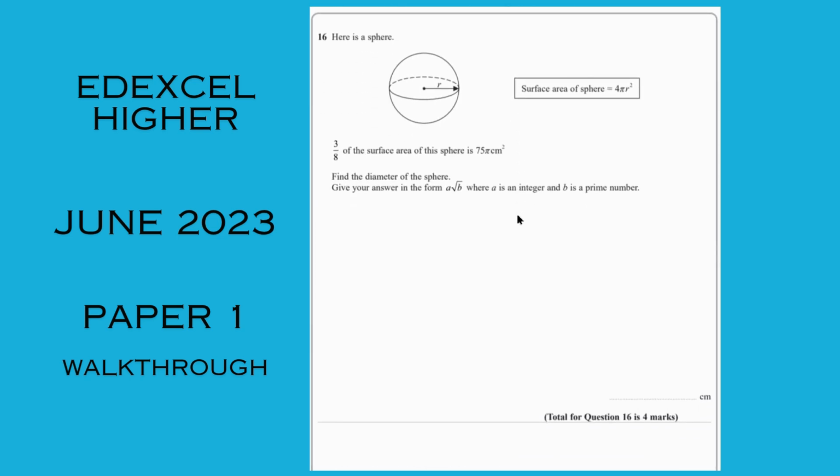Number 16. Little bit wordy. Let's not get too far into it. It says 3/8 of the surface area is that. 3/8 is that. That means 1/8 is that divided by 3. 1/8 is 25 pi.